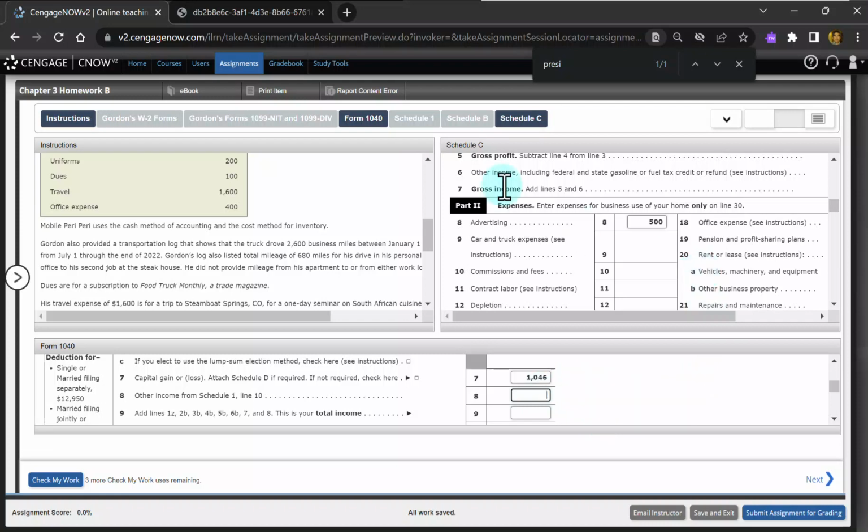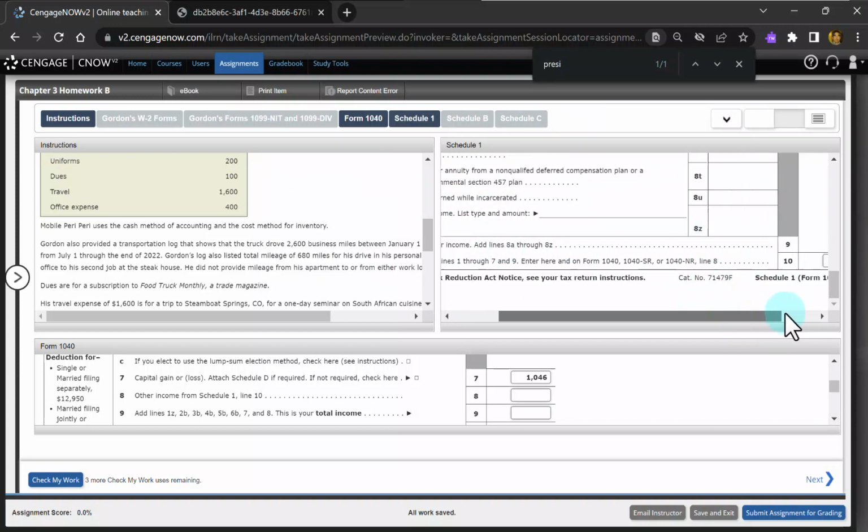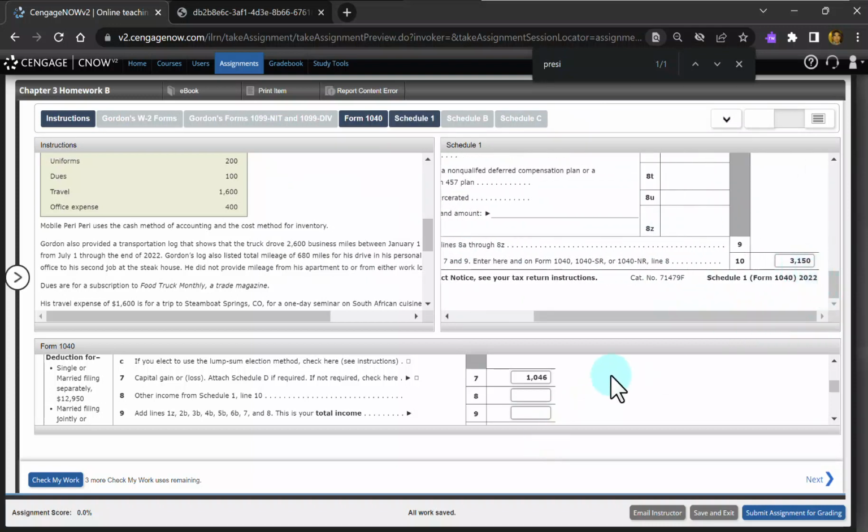I just forgot the number already. Bottom of Schedule 1. Was it 3150? 3150. So now I get a grand total of all the income.